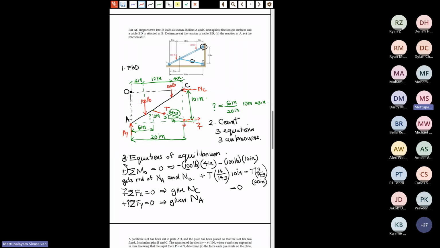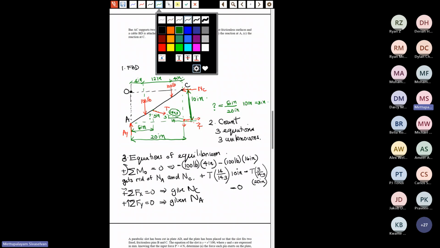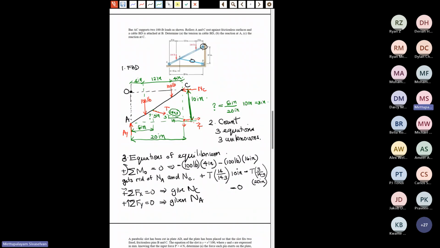For the horizontal component, if I look at the moment it produces about O, the perpendicular distance is this much, right? And for the vertical component, the horizontal distance is this much. You see that? Does that answer your question, or is that not clear yet? Yeah.